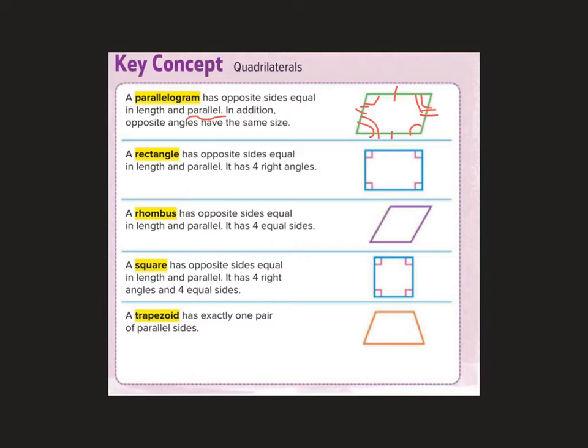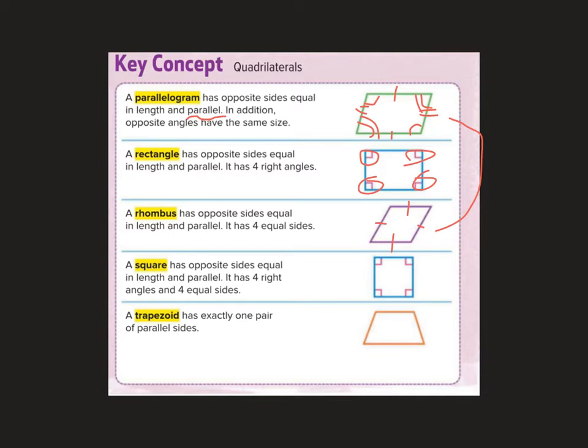Now a rectangle follows all the rules of the parallelogram, but it also has to have 4 right angles. So a rectangle is a special parallelogram that has 4 right angles. And then a rhombus also follows the rules of a parallelogram, not a rectangle, because a rhombus has 4 congruent sides like a square, but it does not have 4 90-degree angles like a square.